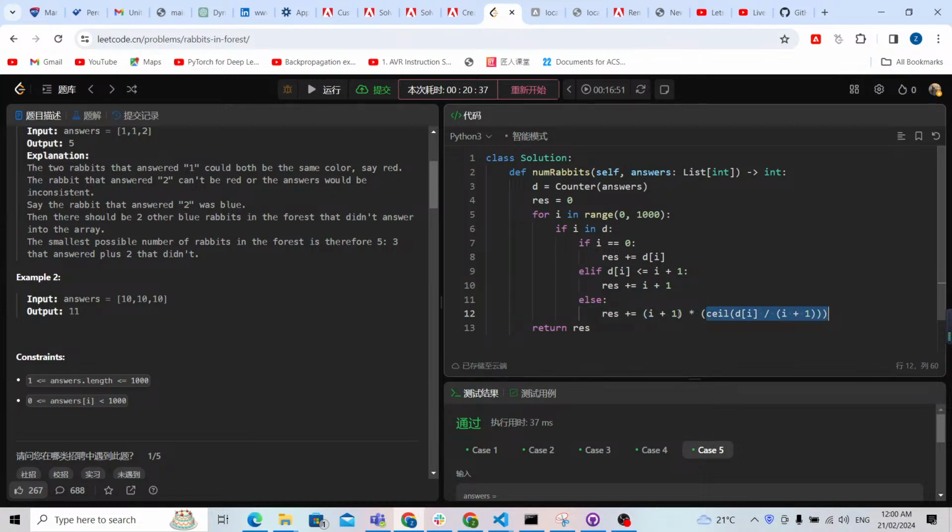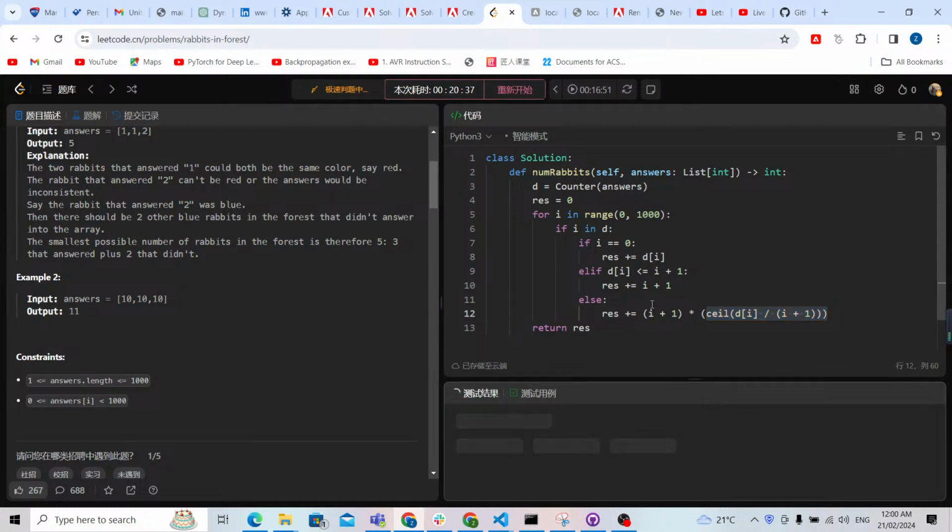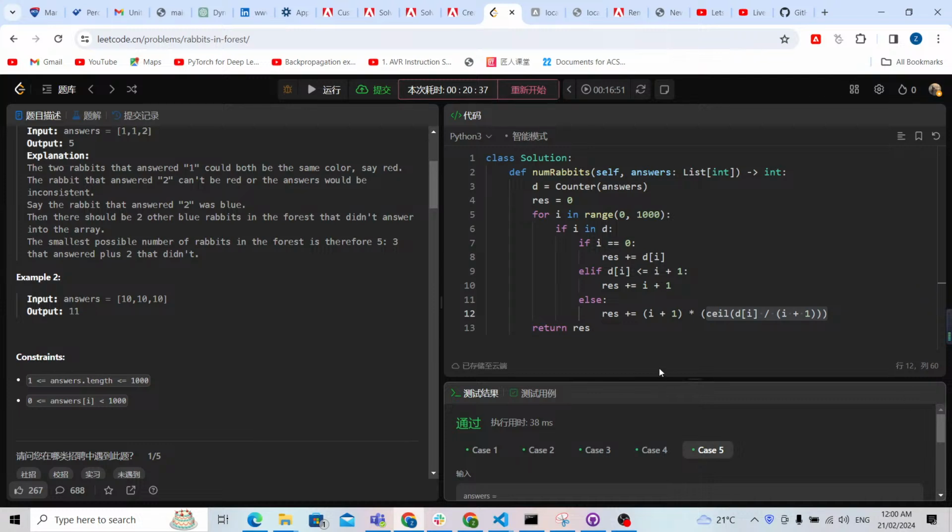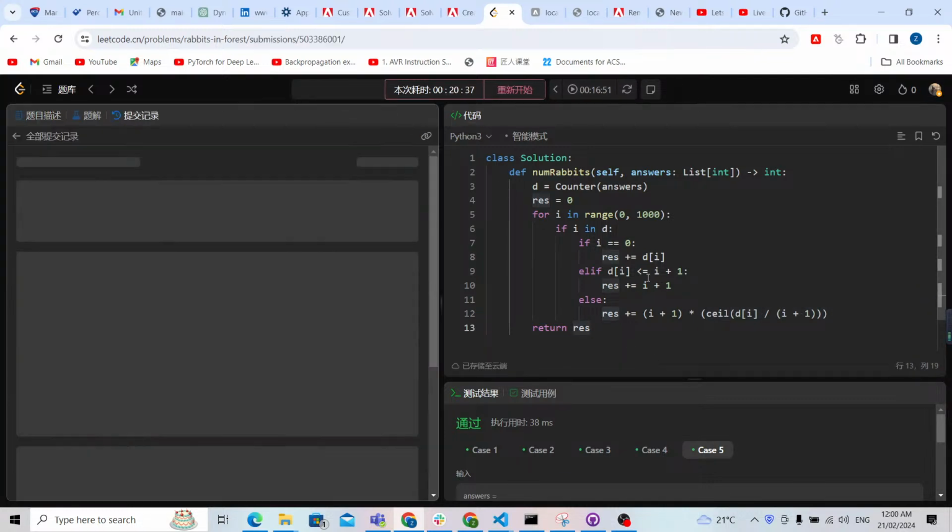This i plus 1 should be 11. It should be 22. I think this should be the entire code. I'm not sure, let's just run it. It seems it is right. Now let me submit it to check if it can pass all the testing cases.